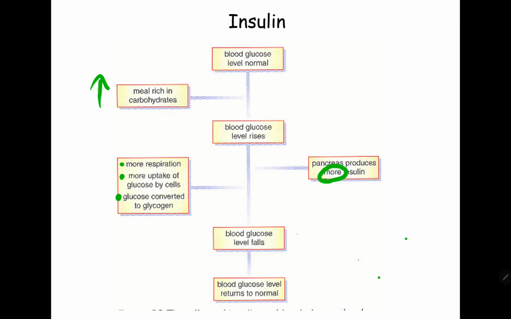This results in blood glucose levels falling and returning back to normal. Here it is also important to note that as blood glucose levels return to normal, insulin production is reduced.